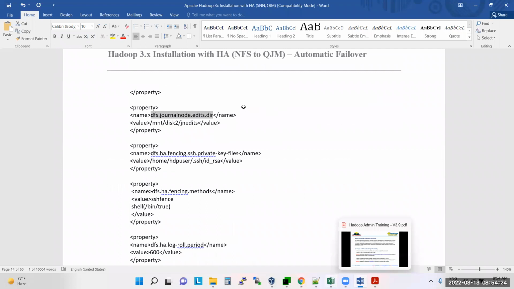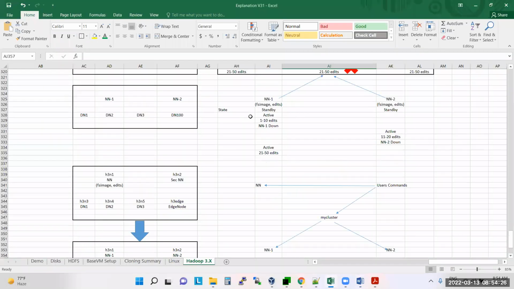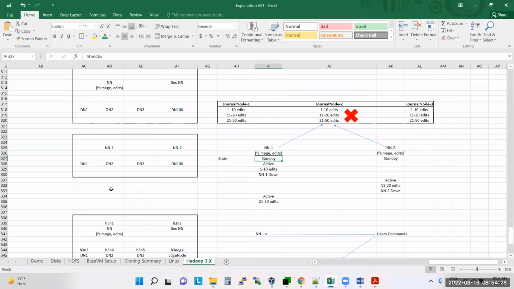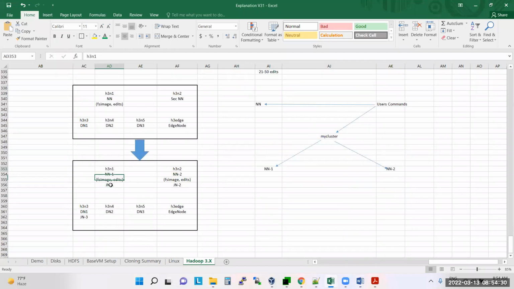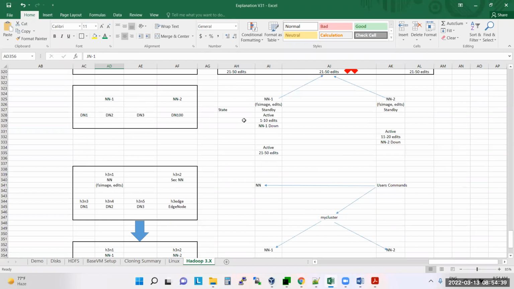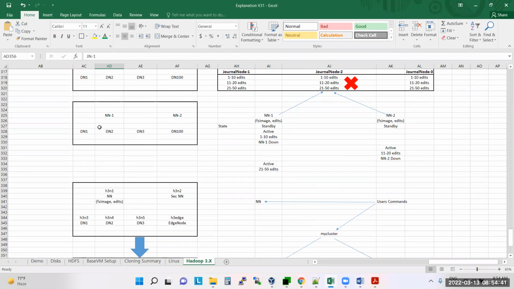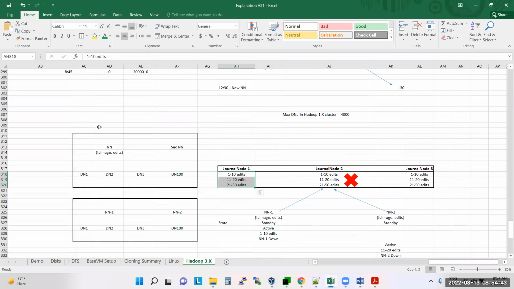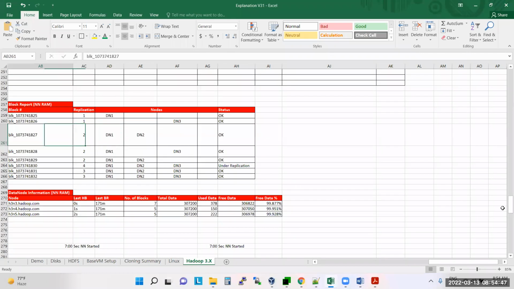We told that journal nodes will store one copy of edits, and journal nodes run on the name node machine. In which path will they store these edits? We should tell, right? Yes, sir, we need to tell.